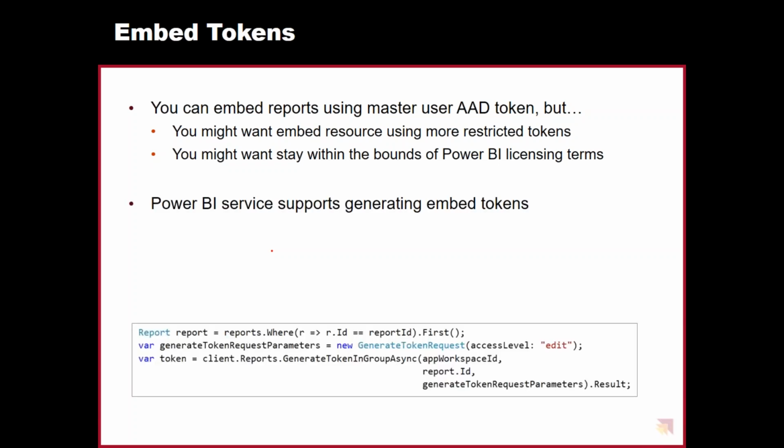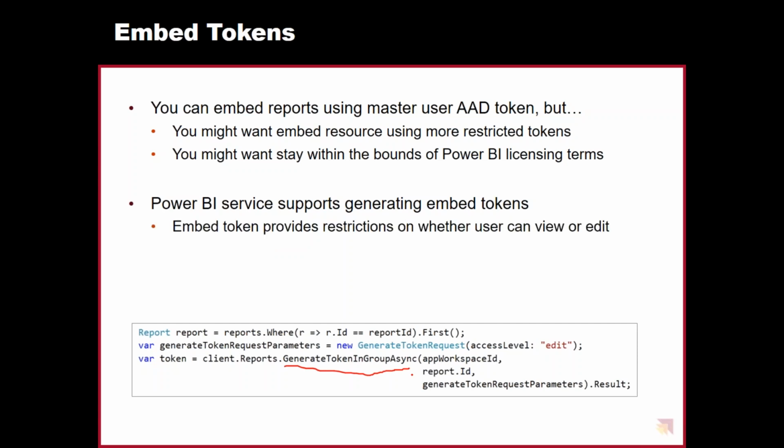Okay, now here's some code. And what you see is that there is a generate token request object in the .NET API. And when you create a token request, you get to specify an access level of edit or view. And then what's going to happen is you're going to say client reports generate token. Now, a couple details about these tokens.